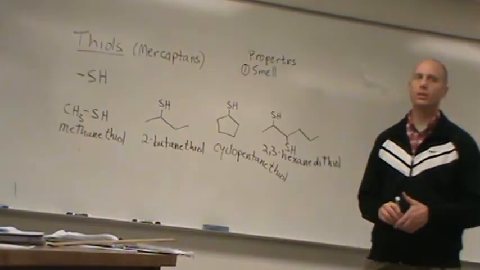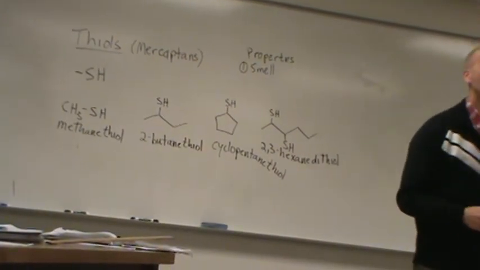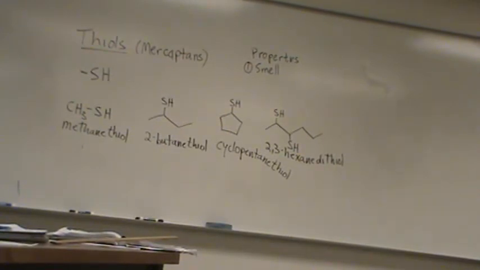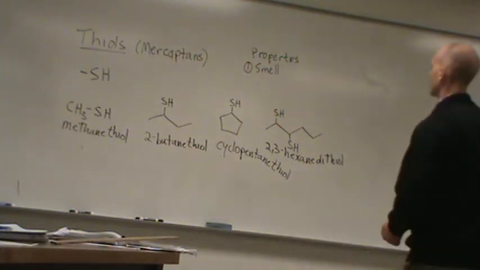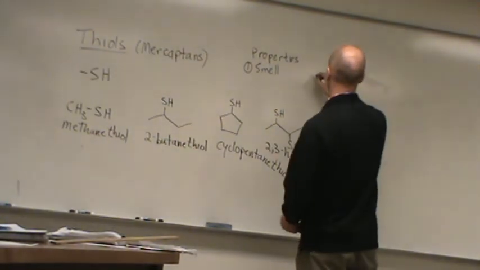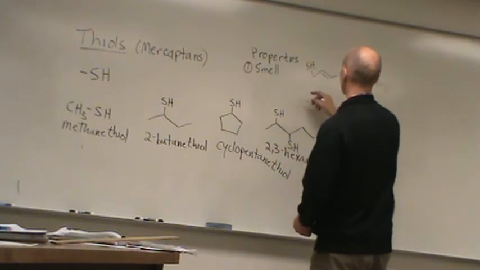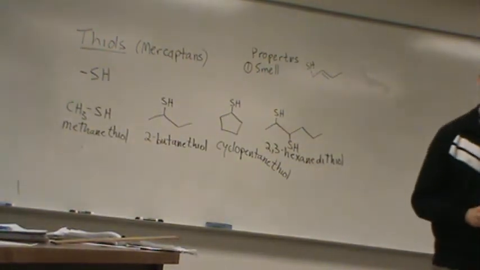First property is their smell. They don't have a very good smell. They stink. Think of an animal that stinks. Skunk. What do you think they have in their tails? Thiols. So one of the thiols it has is this one here with an alkene there.